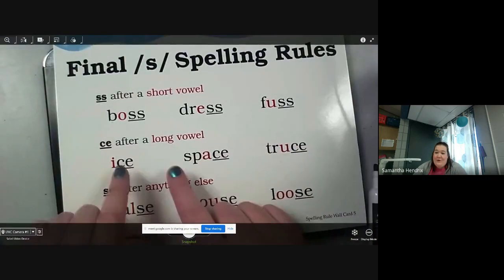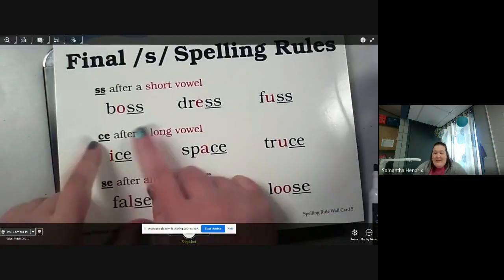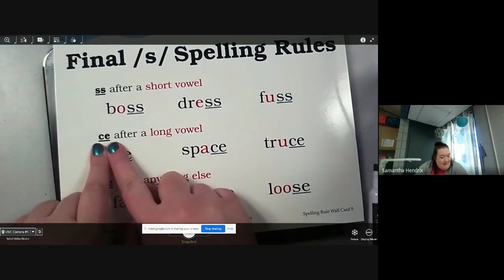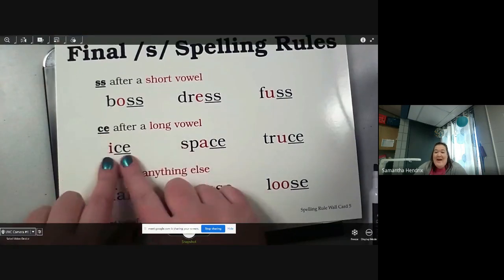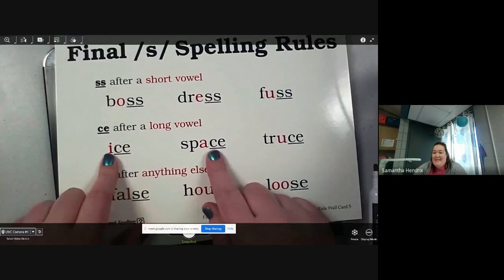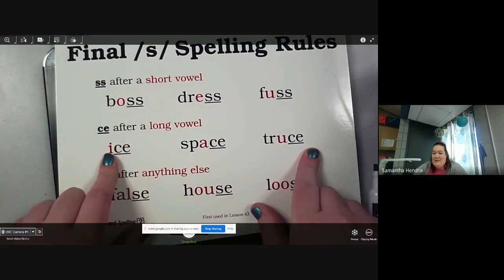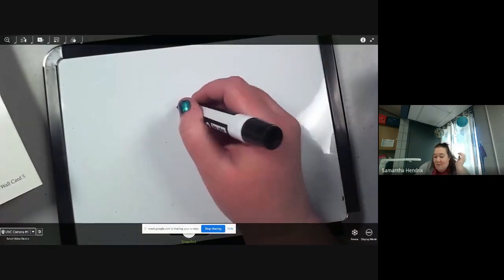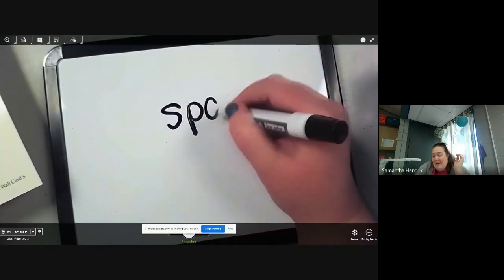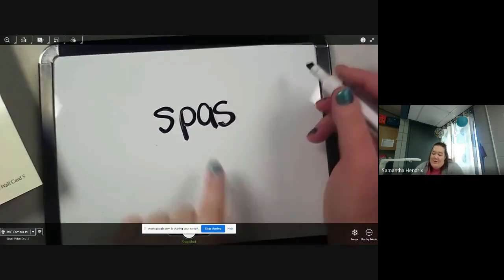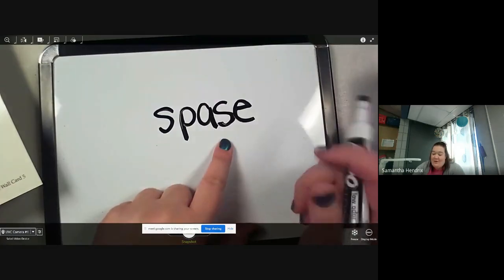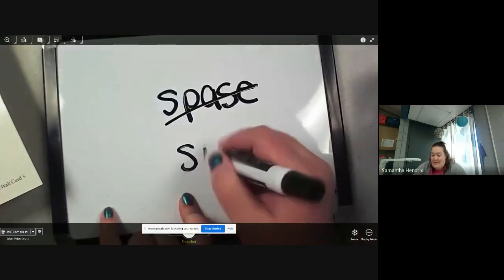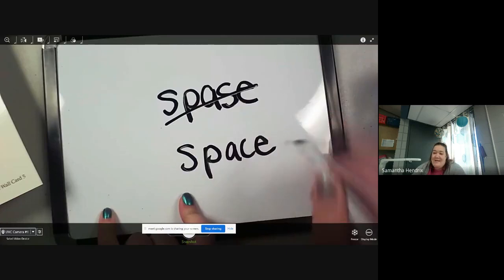is the second rule. We use CE after a long vowel. Ice, space, truce. So space, if we didn't know this rule, we'd go sp, a, s. Oh, that A needs an E to make that say its name. But look, that's spelled wrong. Space is spelled S-P-A-C-E.